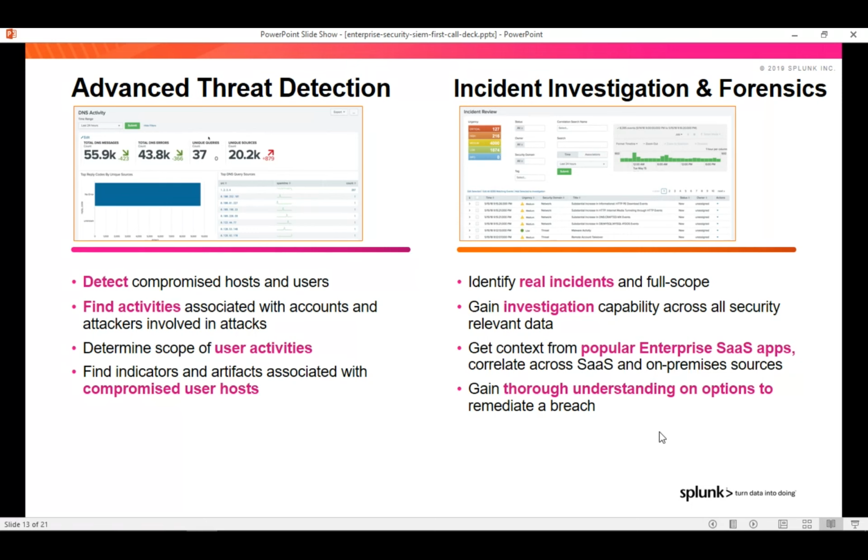If you have a sandboxing technology, you can integrate Splunk ES with the sandboxing technology and send the attachment to the sandboxing technology.